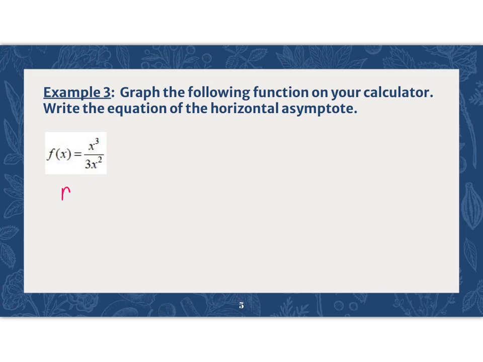I don't see any. This is the equation of a line. I don't have any horizontal asymptotes. There aren't any. So, what about my last one? Here, the degree of my numerator was bigger than the degree of my denominator, and I got none.